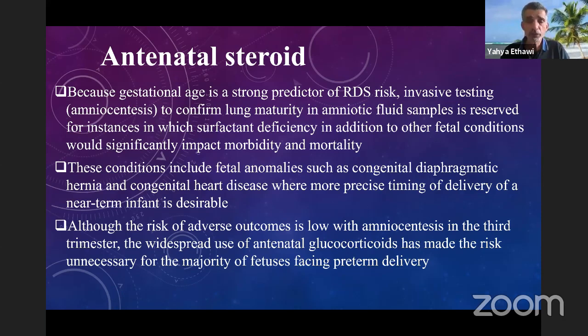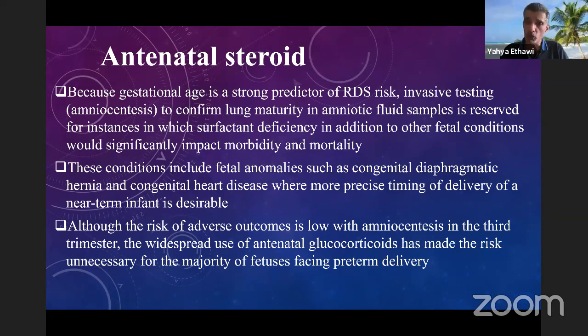So what is the benefit of antenatal steroid? As we said, the most important risk factor for RDS is gestational age. And it's a very strong predictor of RDS. And therefore, once we are thinking of giving steroid, we need to confirm lung maturity in the amniotic fluid.